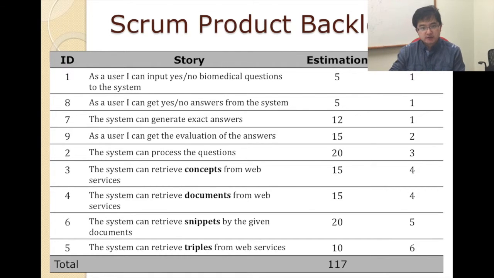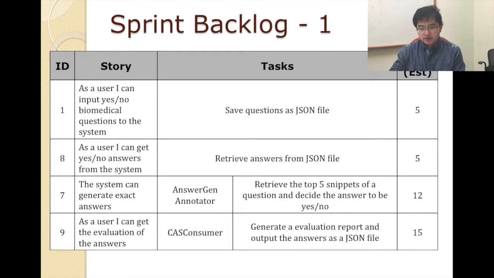And based on the tasks in the product backlog, during every sprint meeting, we divide and detail the tasks into different sprint tasks, as we can see in the sprint backlog. For the generation of the exact answer, we detail this task into an answer generation annotator implementation, and we divide this task among different team members.